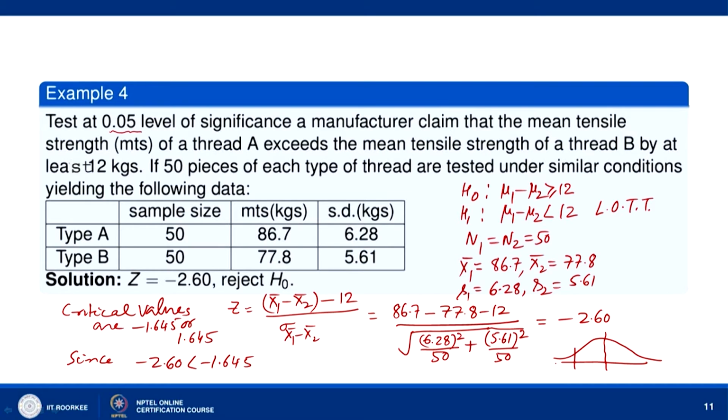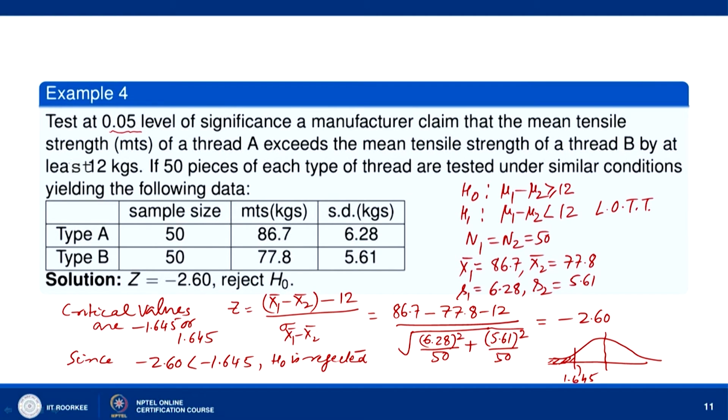This is your critical region, this is minus 1.645, so we are in the critical region. So, H naught is rejected, which means that mu 1 minus mu 2 is less than 12.